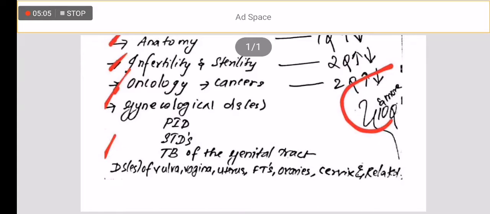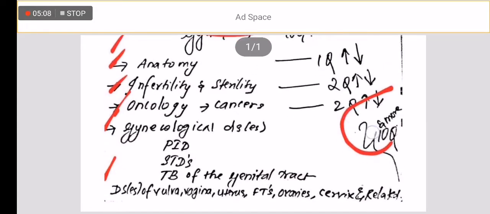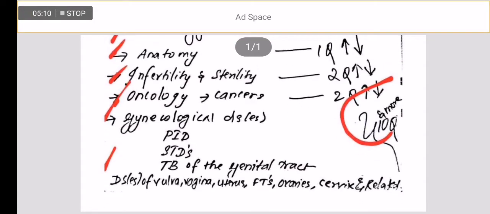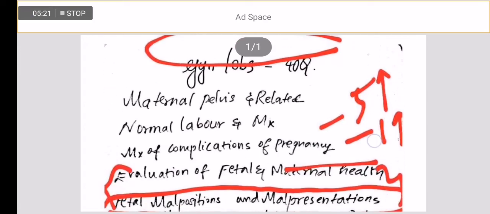You can get 10 questions or more. The allocation of questions may be different, but you can compulsorily get more and more questions based on these topics.